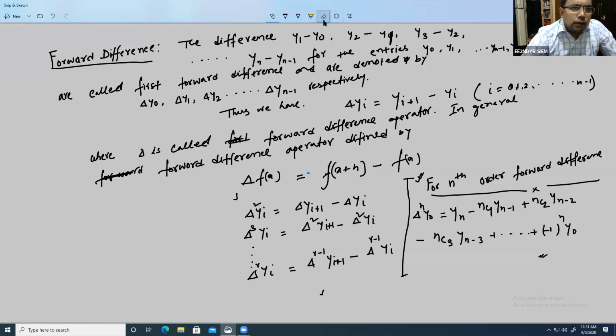Because I will solve some problems relating to the forward operator. Very short questions, or you may find them in 5 marks questions.